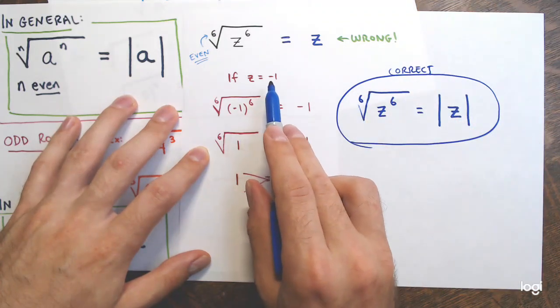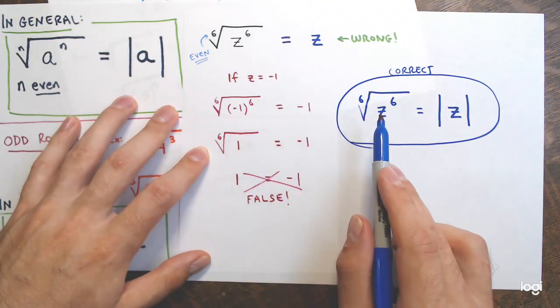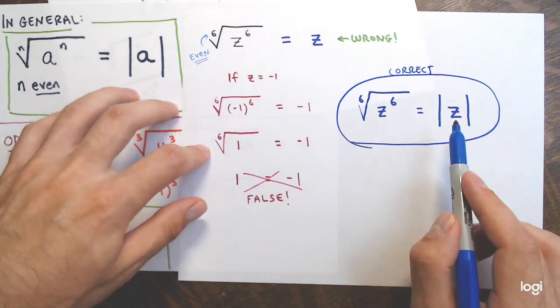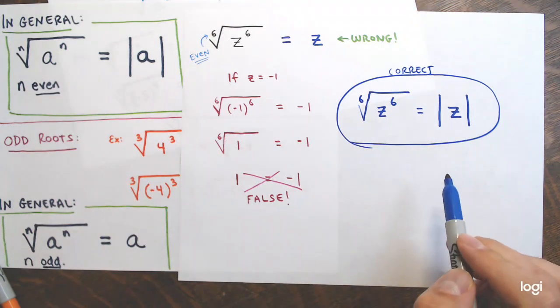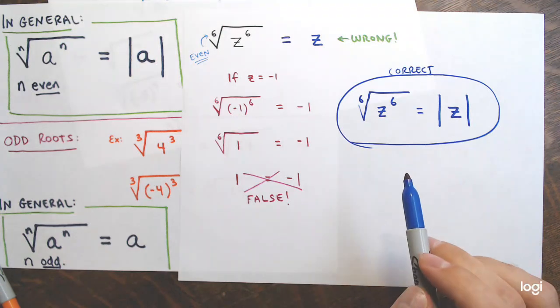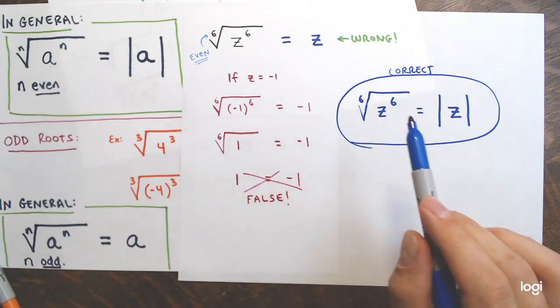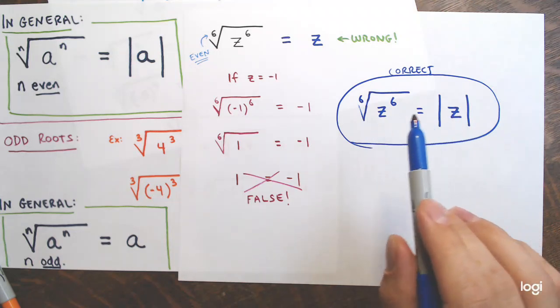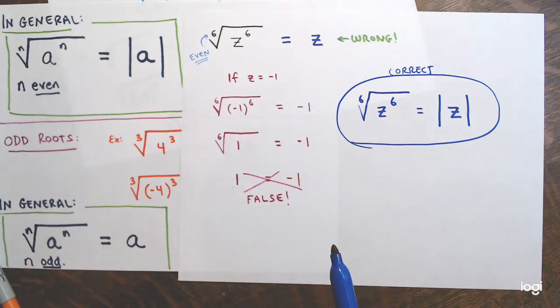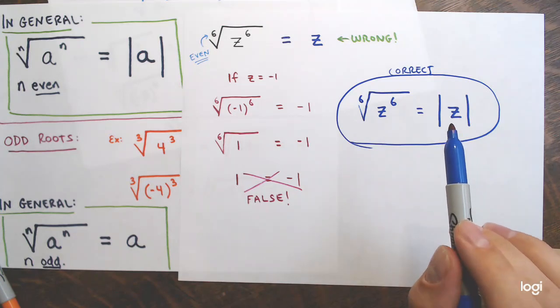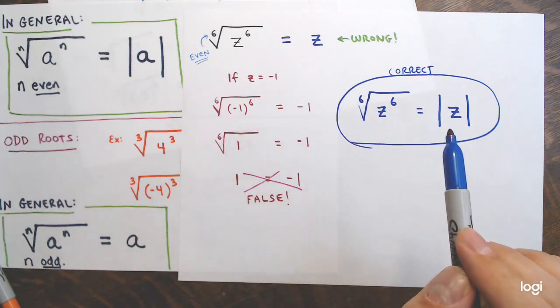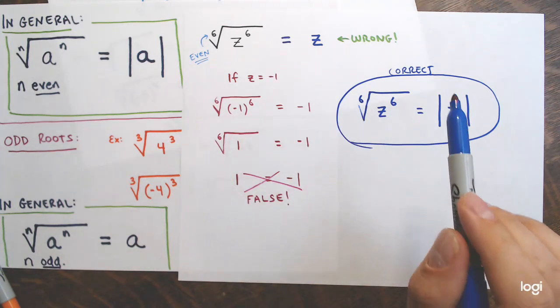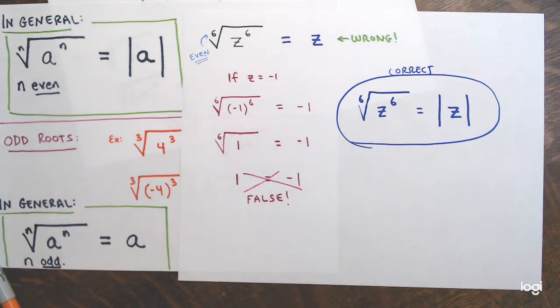When I replace z with negative 1, the left side would be 1, the right side would be the absolute value of negative 1, which is again 1. You get 1 equals 1, a true statement. And it'll work for any value of z. Plug in anything for z, and this statement is going to be true. So don't forget, if that expression on the other side can be negative, you're wrong. Put absolute values around it to ensure that it's non-negative.